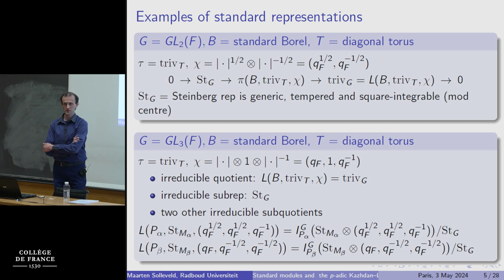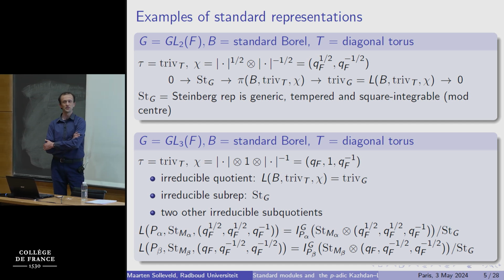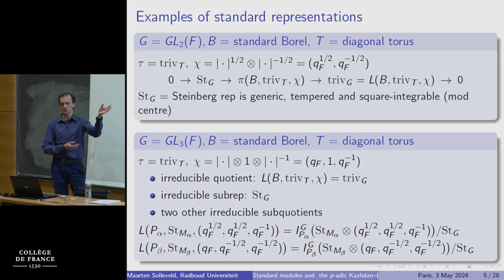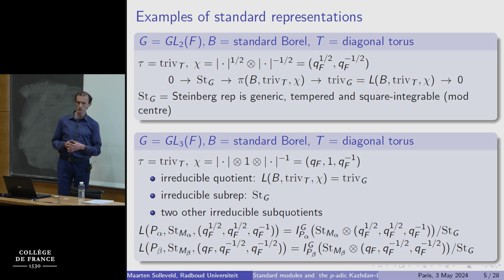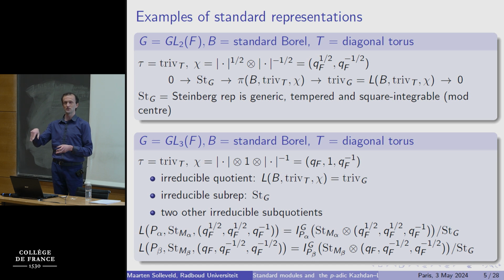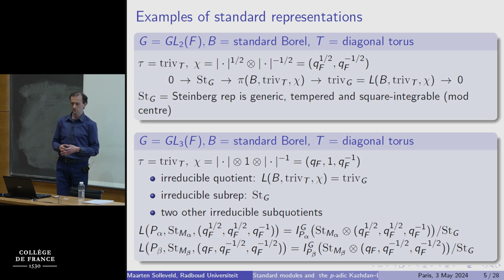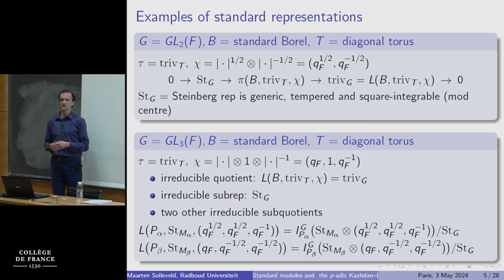But now there are two other things which are sitting in the middle, and those are obtained from intermediate Levi subgroups, so subgroups of GL3 which are isomorphic to GL2 times GL1. Up to conjugacy, there are in fact 2 such subgroups. For both of these subgroups, what you can do is, on the level of the Levi subgroup, take the Steinberg representation tensored with some character, and take the parabolic induction of that. Then you get another thing, which is a standard module coming from an intermediate Levi subgroup.